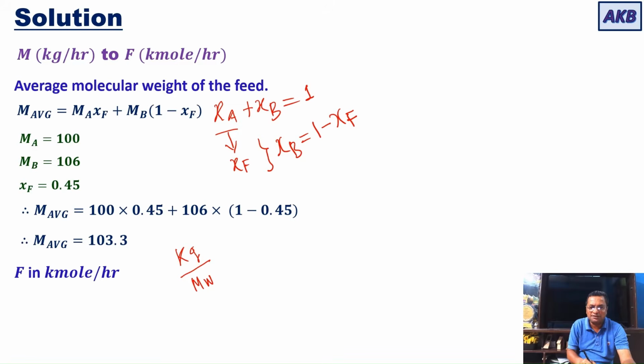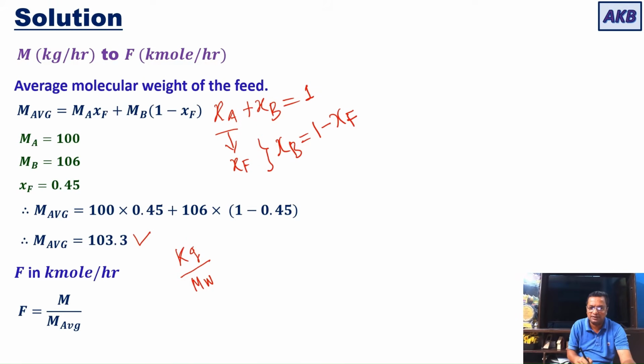But in our case, the feed is a solution. It is not a pure component. That's why instead of using the simple molecular weight, we need to use the average molecular weight. And that's why we first found the average molecular weight. So the mass flow rate will be converted to molar flow rate in this way. F is equal to the mass flow rate divided by the average molecular weight.